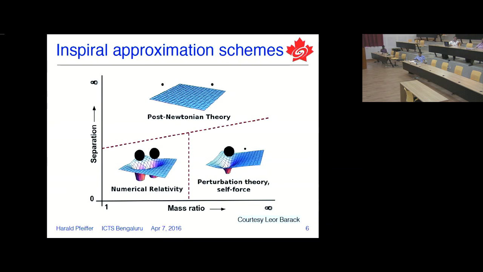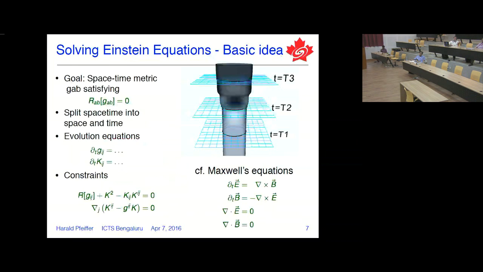Let me now get into more details of numerical relativity with slide 7. The basic idea of solving Einstein's equations is actually quite straightforward. The goal is to find a space-time metric that satisfies Einstein's equations, R_ab[g_ab] = 0.